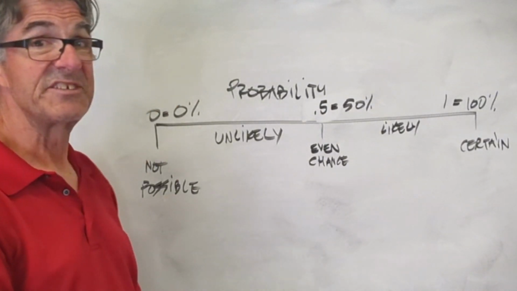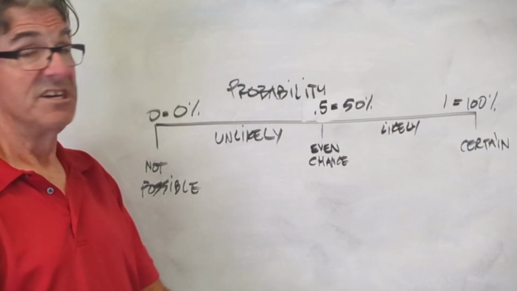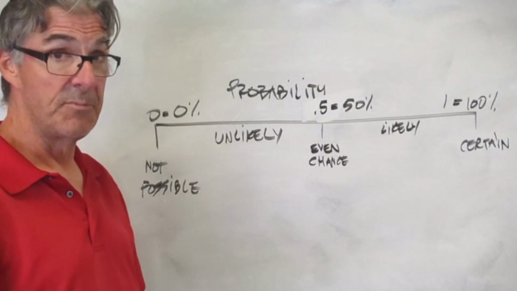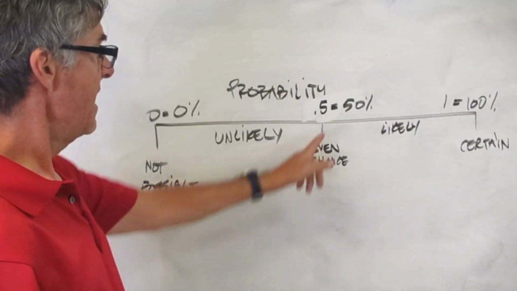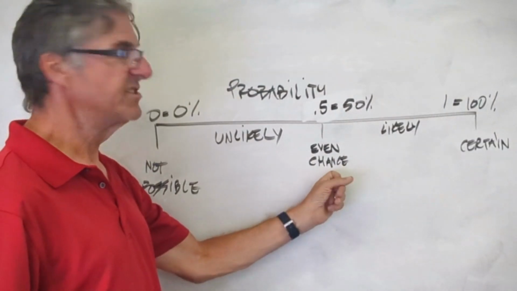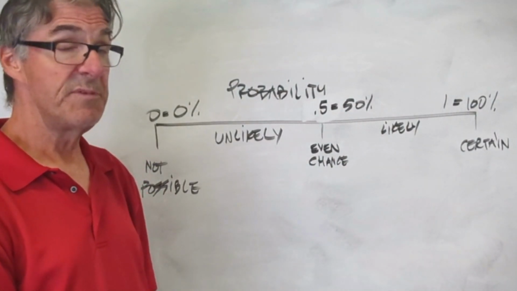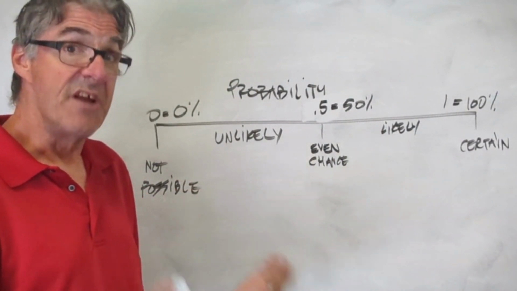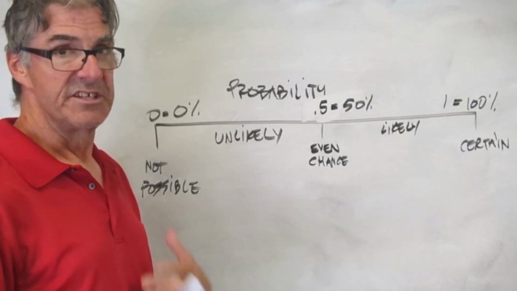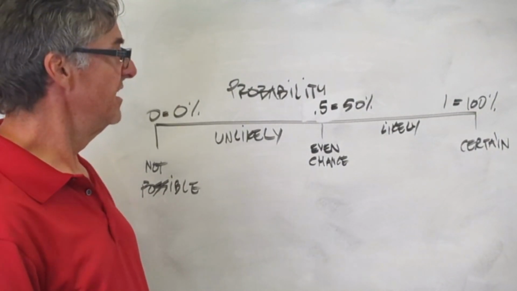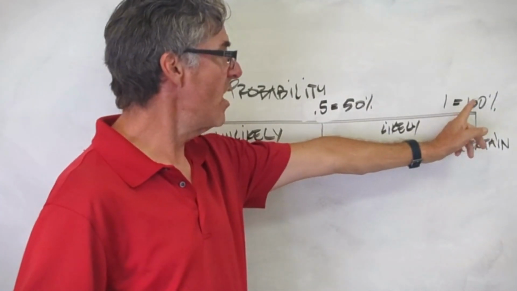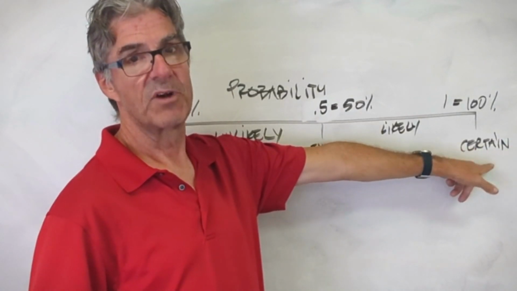This would be like rolling a 7 on a 6-sided die. It just won't happen. It's got a probability of 0. 0.5 or 50% means there's an even chance. This would be like rolling an odd number on a die. It's exactly a 50% chance. And then finally over here at 1, this is a certain probability.